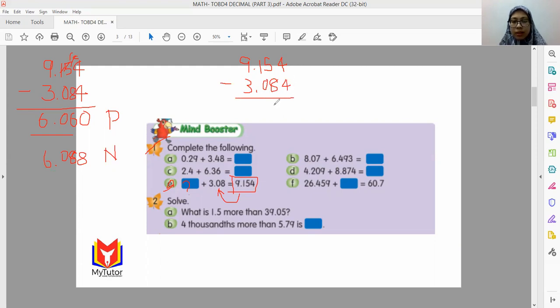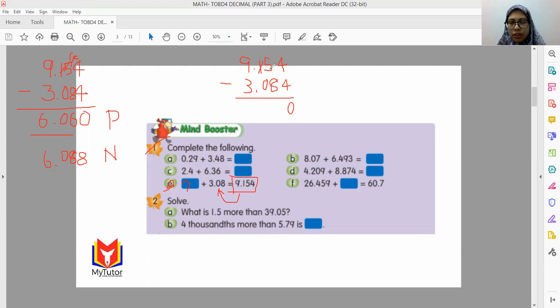Can you help me, Hannah? Try to solve this. What is 4 minus 4? 4 minus 4 is 0. What is 5 minus 8? 5 minus 8 cannot. What do you do then? You borrow from the number next to it, so you borrow from 1.